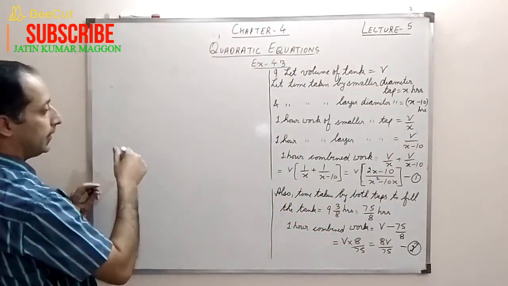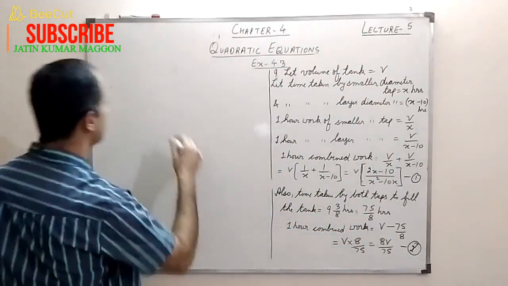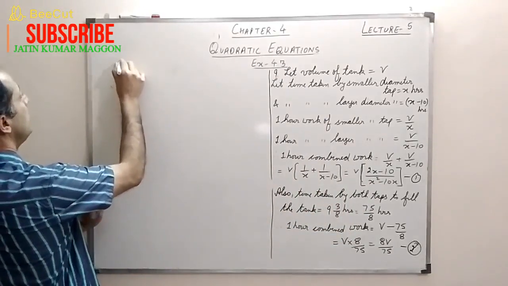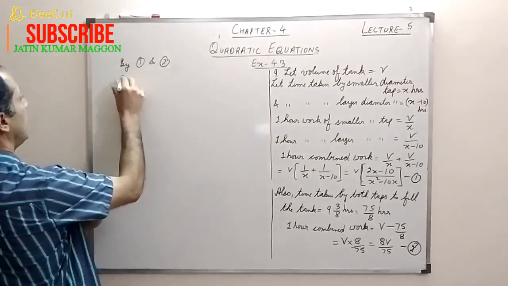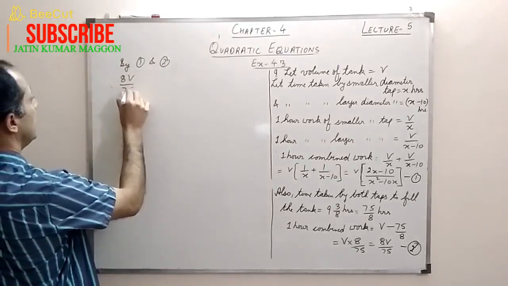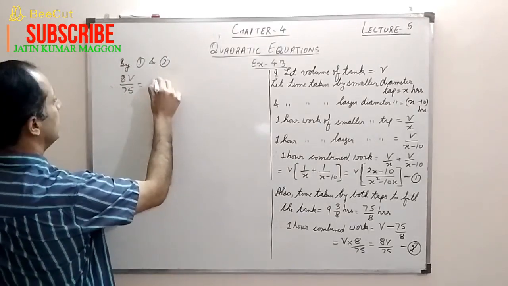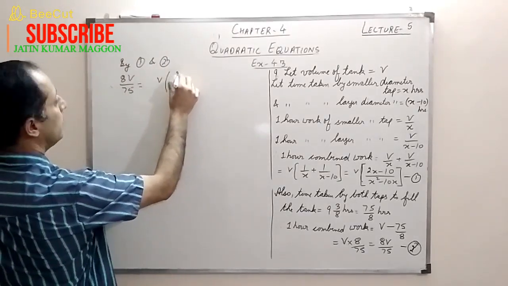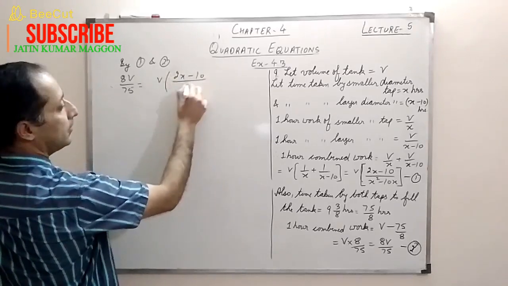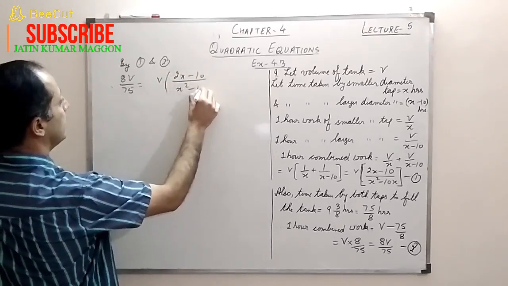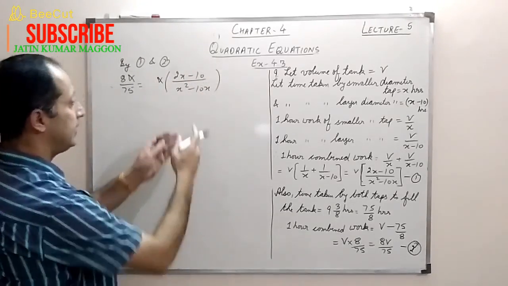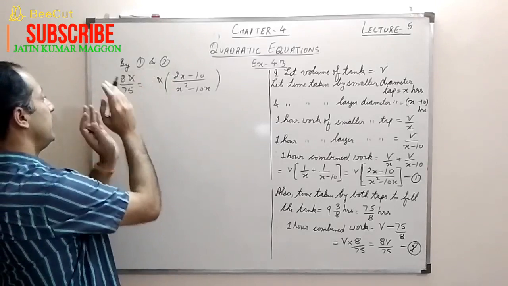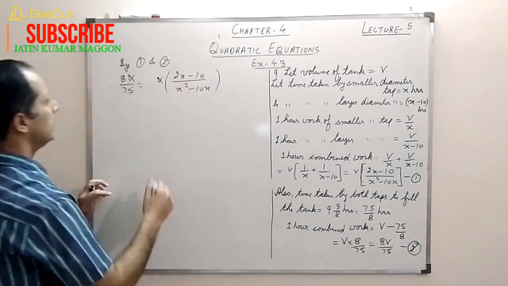So now what we have, I write this: 8V upon 75 equals V into 2x minus 10 upon x squared minus 10x. So this V cancels on both sides, then we cross multiply: x squared minus 10x will be multiplied with the 8 and the 75 will be multiplied with 2x minus 10.